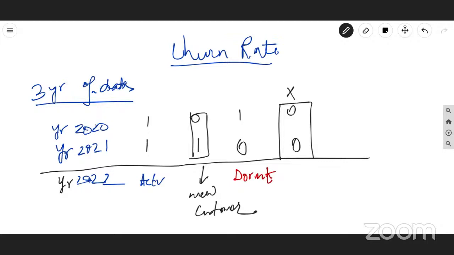Exclude those customers from your sample as of now because we never know. And 00 will not be there in your data itself because they did not visit in any of these years. So that data will not be there with you.